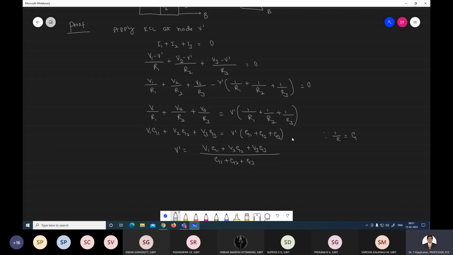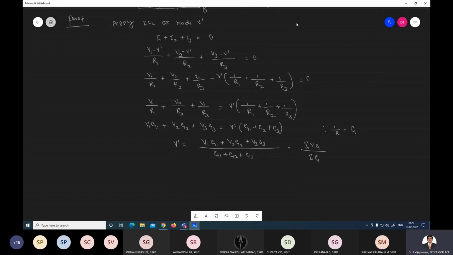This is similar to what we defined earlier. In general this is sigma VG divided by sigma G, as defined in the statement of the law. Again, what is R dash? R dash is given by 1 by sigma G, that is 1 by (G1 plus G2 plus G3).